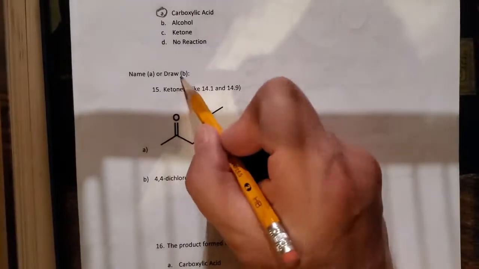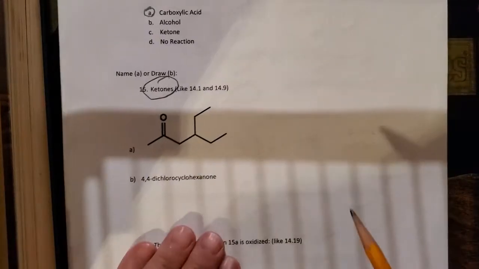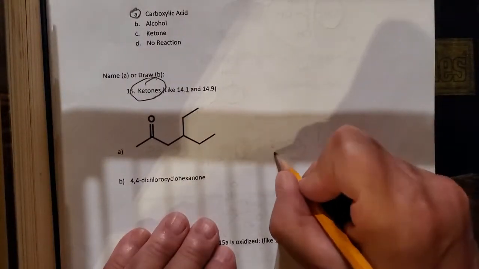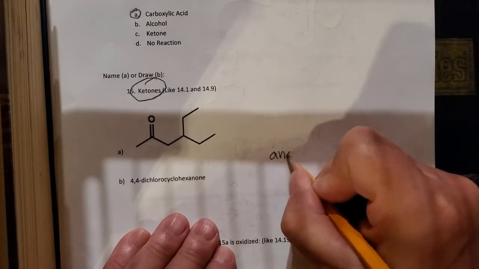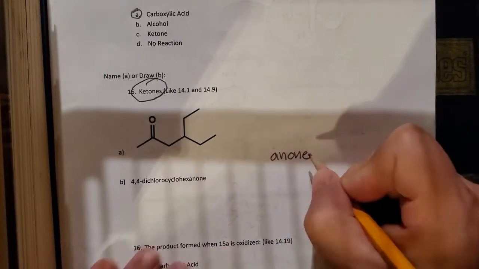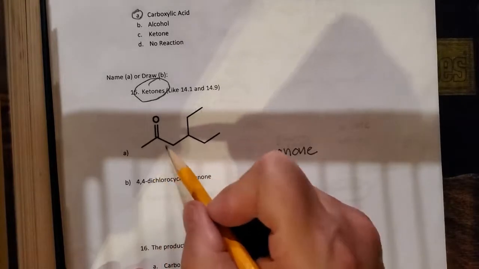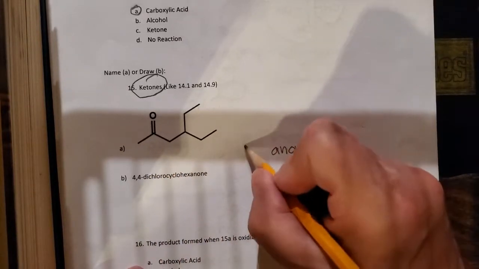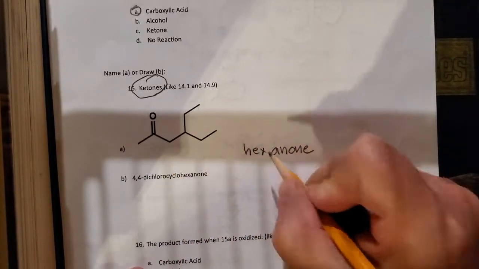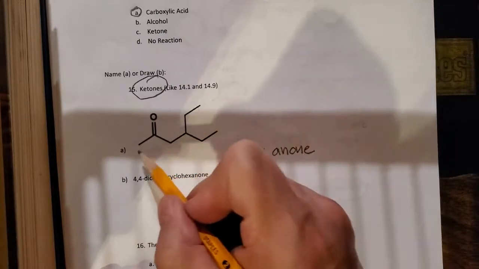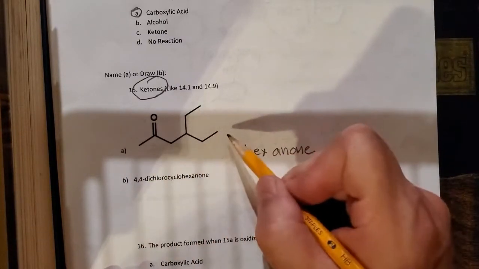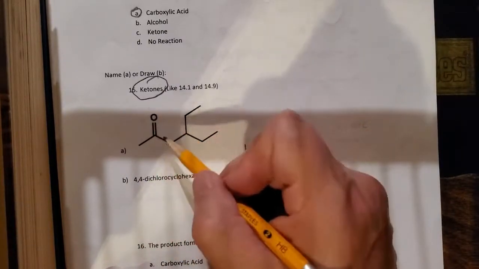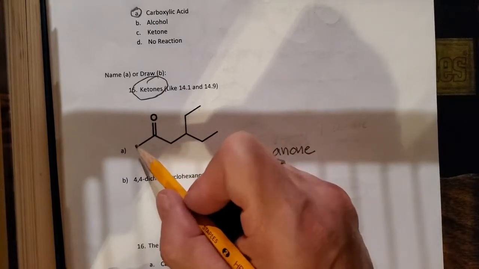Okay, now we're going to ketones. Cheat sheet, you find your ketone on the cheat sheet. It's going to end in an -one. Longest chain is 1, 2, 3, 4, 5, 6. So it's a hexanone. We can count this way or this way, but if we count this way, we get to the carbonyl faster, which is on carbon 2.